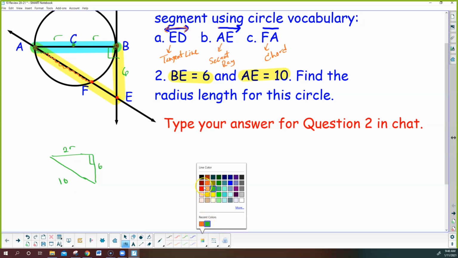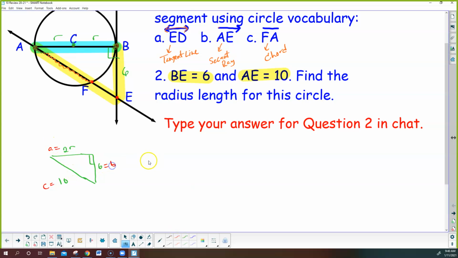And then we can use Pythagorean Theorem. Hypotenuse is C. It doesn't matter which ones I call A or B then. So if I do Pythagorean Theorem, C squared has to equal A squared plus B squared. So 100 equals, and when I square this, I'm squaring both the 2 and the r, so this would be 4r squared plus 36.